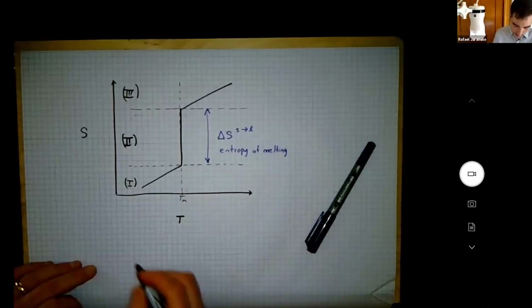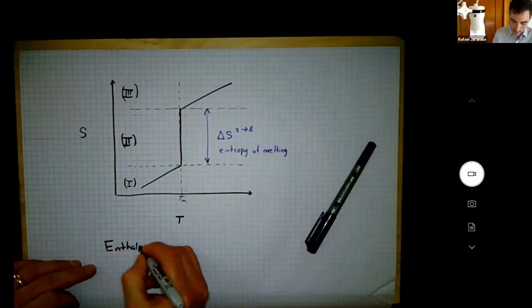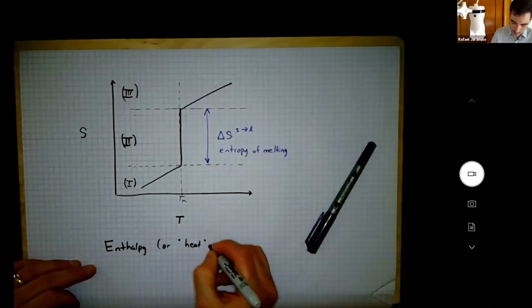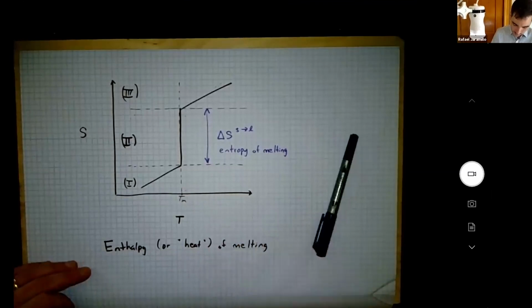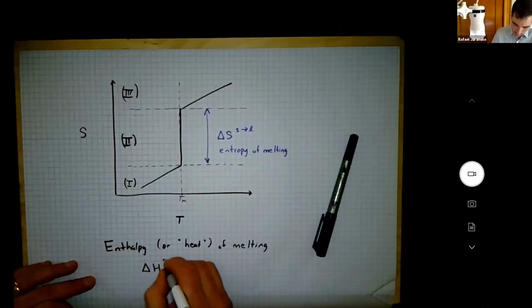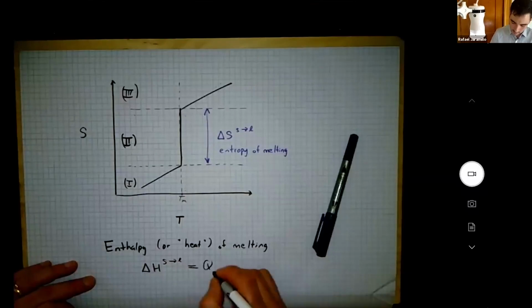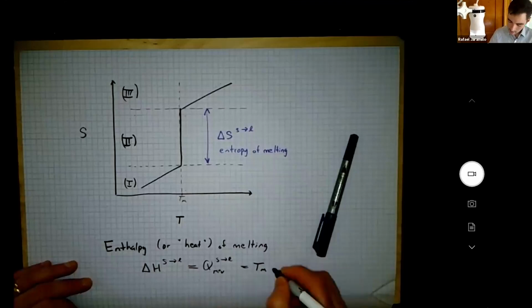The entropy, or if you like, the enthalpy, or heat of melting: delta H solid to liquid equals Q reversible solid to liquid equals T melting times delta S solid to liquid.